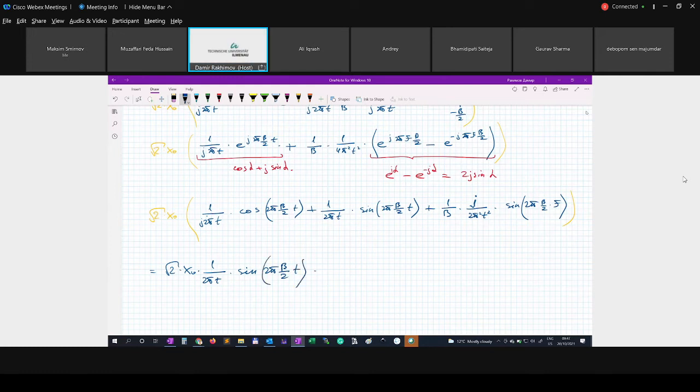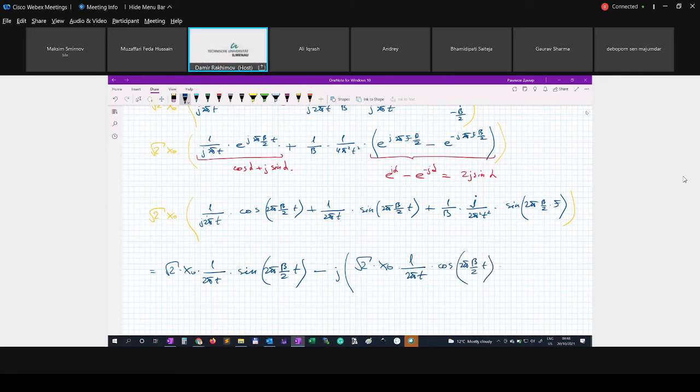And then we have minus square root of 2x0 times, we can place j open parenthesis, minus j, then we have square root of 2x0 times 1 over 2 pi t times cosine 2 pi capital B over 2t.